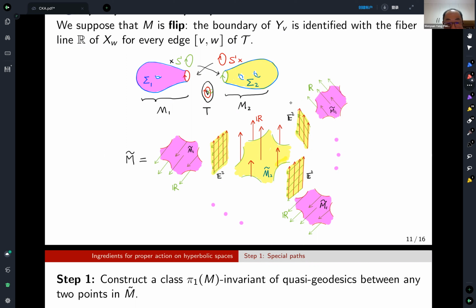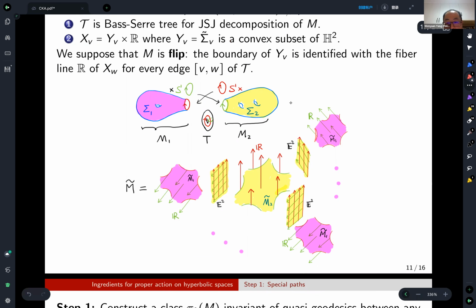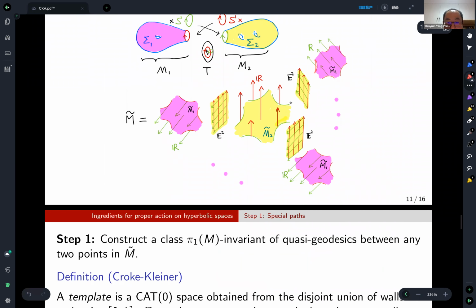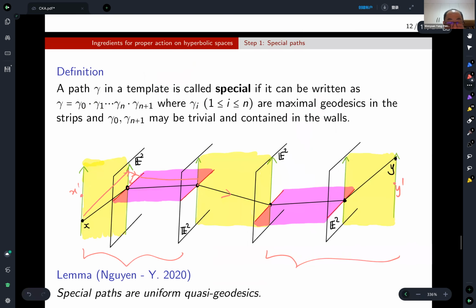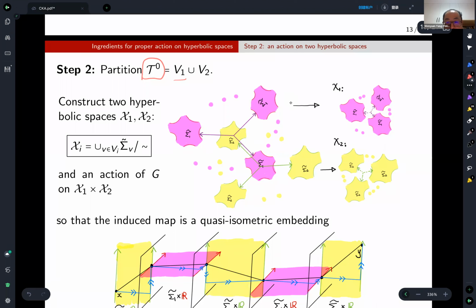This boundary line coincides with the fiber line in the middle one, because this is just a flip condition. They're parallel, so we can glue them together in a natural way. You do this construction on each vertex, so you get two hyperbolic spaces.